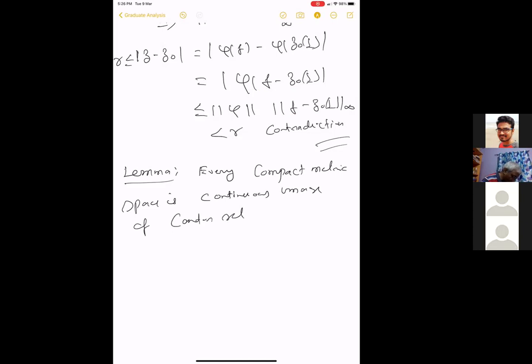That is, there exists a map P from the Cantor set, let me just write Cantor set here, onto the compact metric space. Surjective, this is onto.